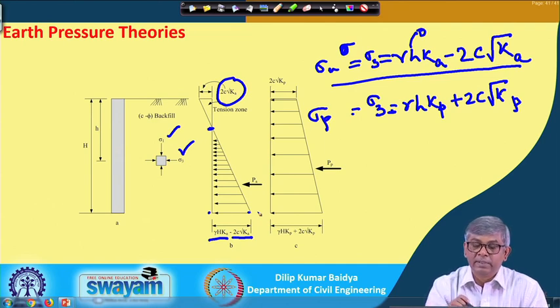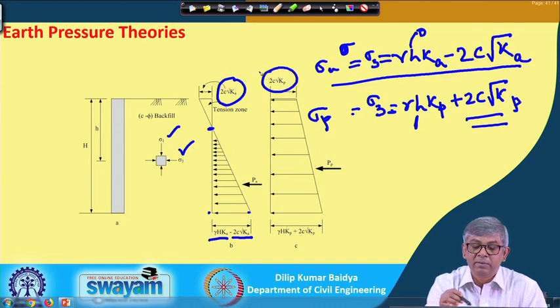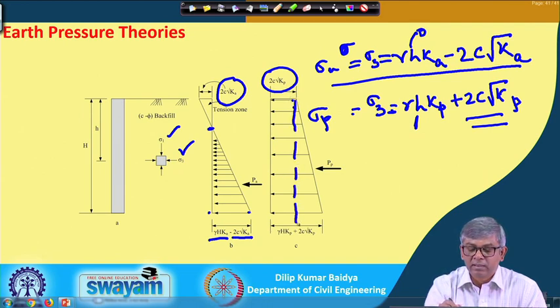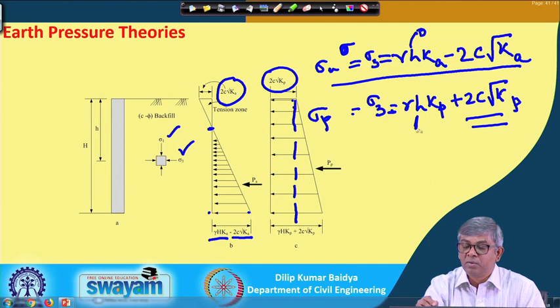Similarly, if there is a passive case, then when you put h equal to 0, the entire term will be 0. That means your value at the surface will be 2 c root k p. When you increase h, this part will be constant throughout the depth, and only with the increase of h this other value will increase linearly.